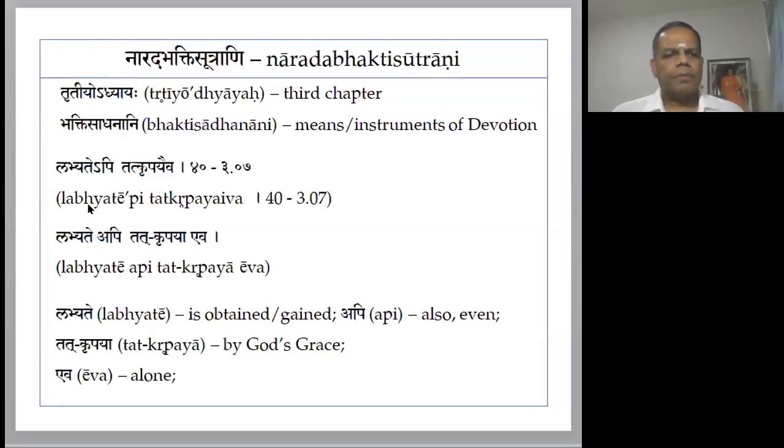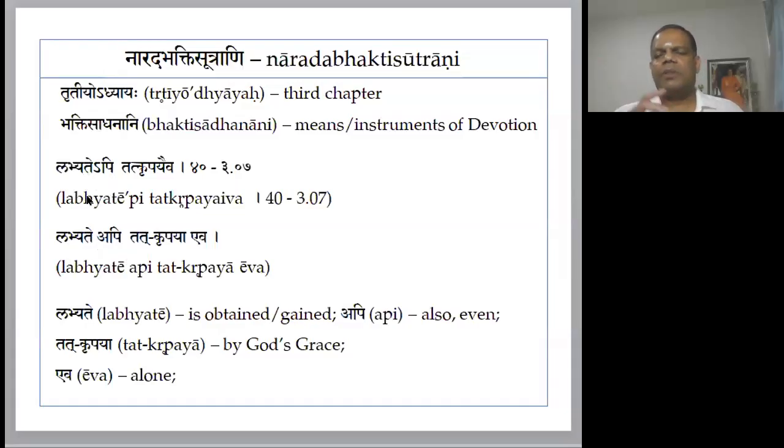Let's look at the Sandhi split of the sutra. Labhyatepi is made up of two words, labhyate and api. Labhyate api becomes labhyatepi. The a in the second word becomes silent, and the te gets elongated.